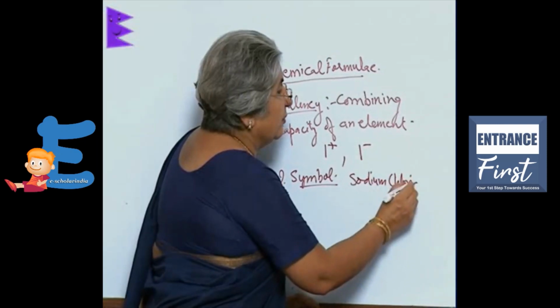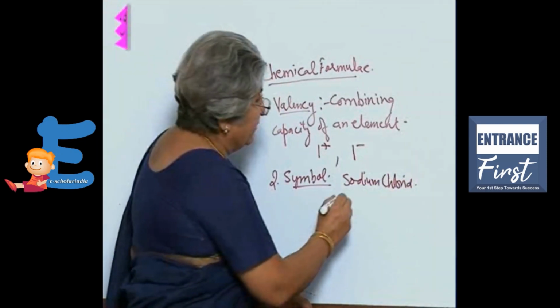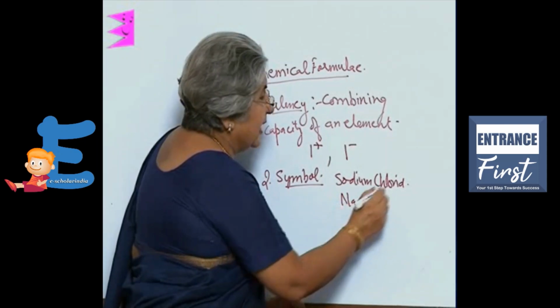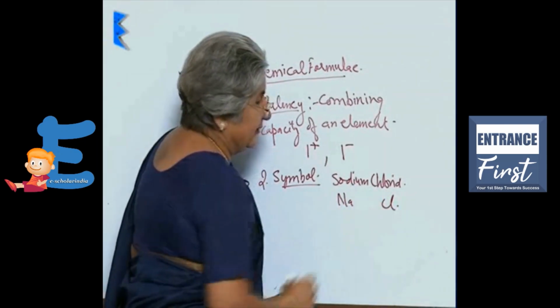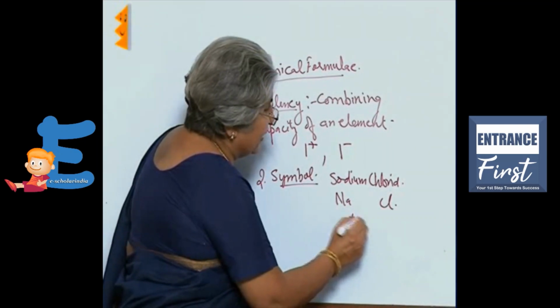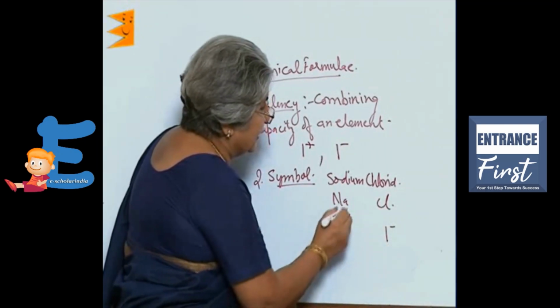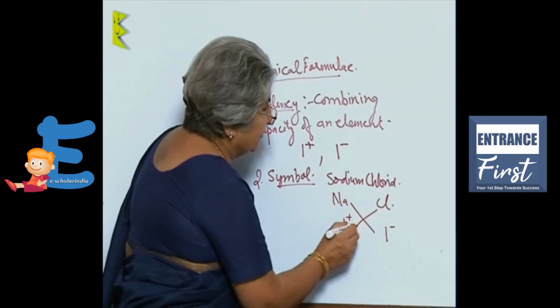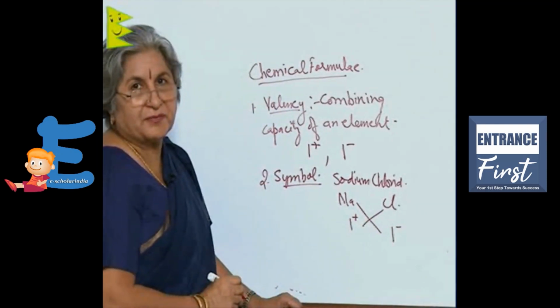We need to know the symbol of sodium, which is Na, and chlorine, which is Cl. Then write down their valency. This is 1 positive, this is 1 negative, and then crisscross.